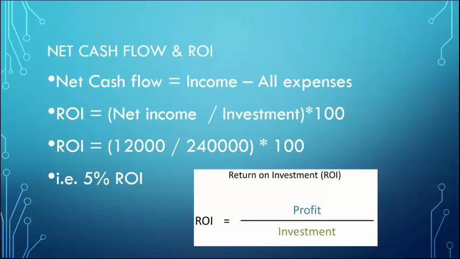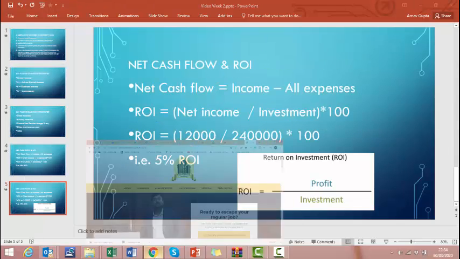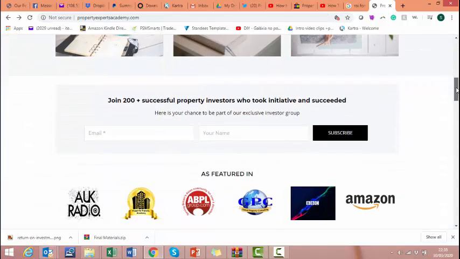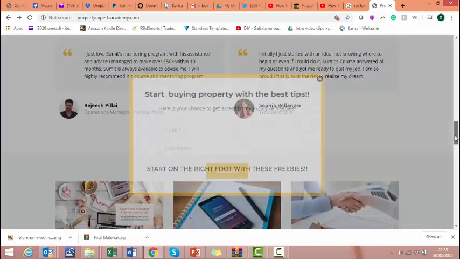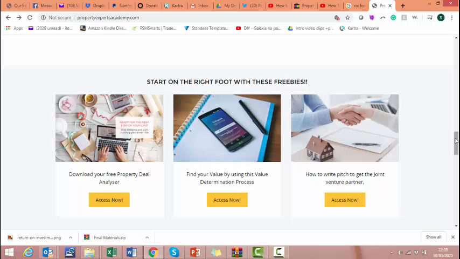Now, to help you out, I've uploaded a ready-made spreadsheet for you guys. Let me show you on my website. This is propertyexpertsacademy.com, and under this section, if you go to the freebie option, you can enter your details here.